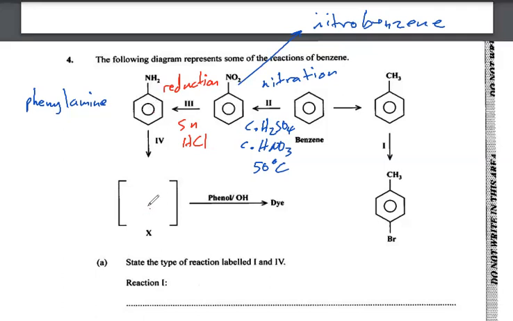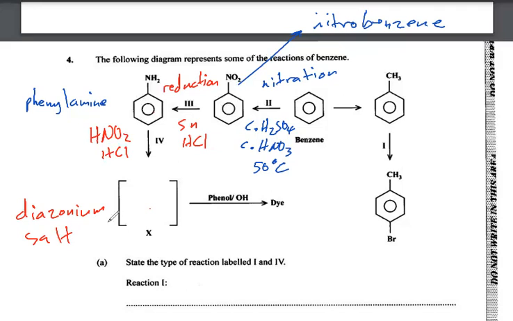So compound X, if it was to be the diazonium salt, what would you react phenylamine with? Nitrous acid and HCl.